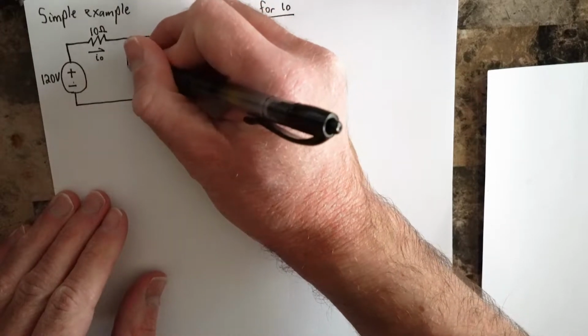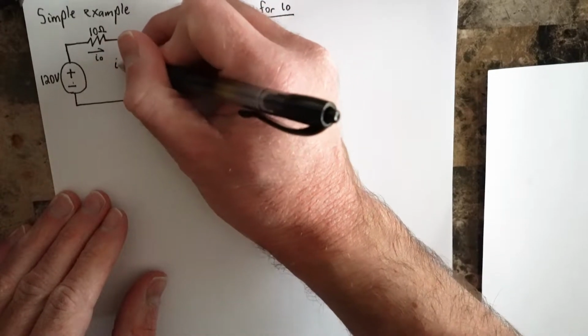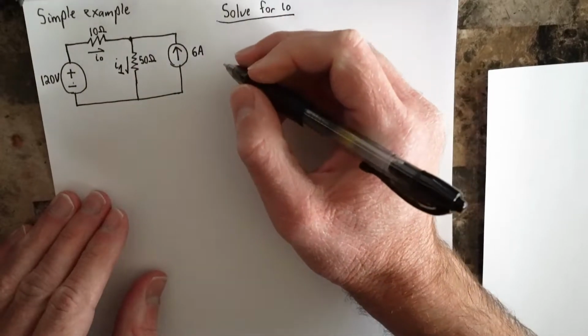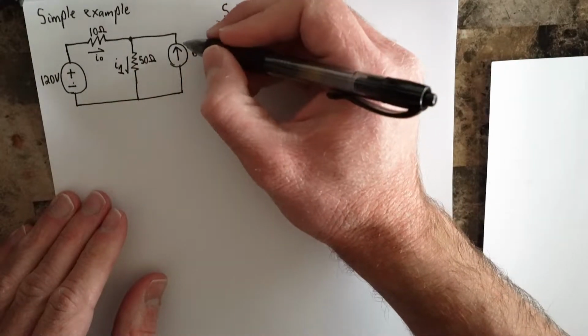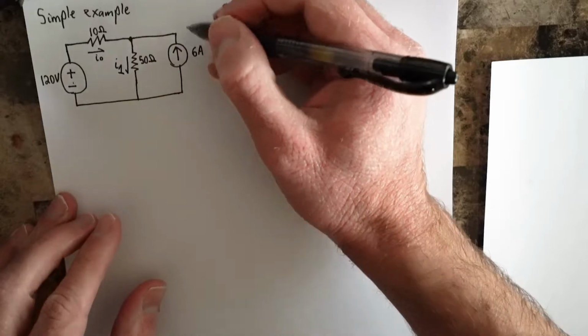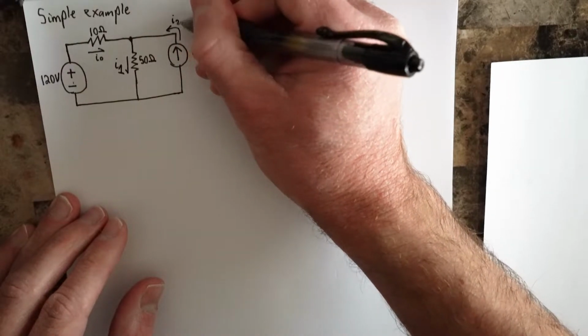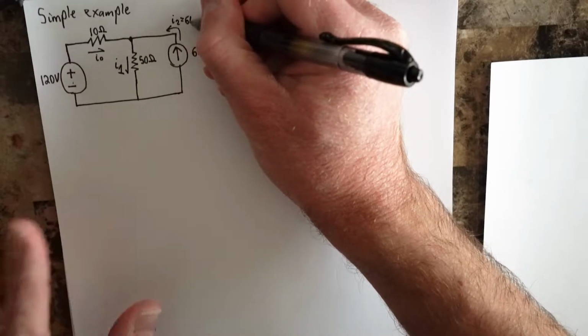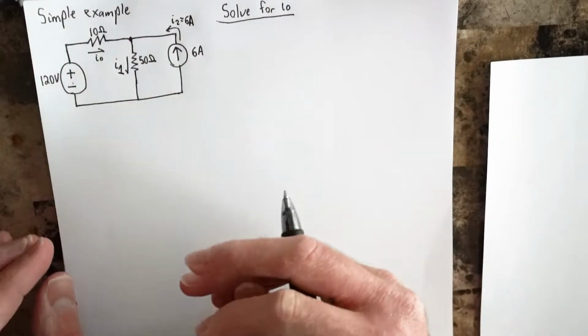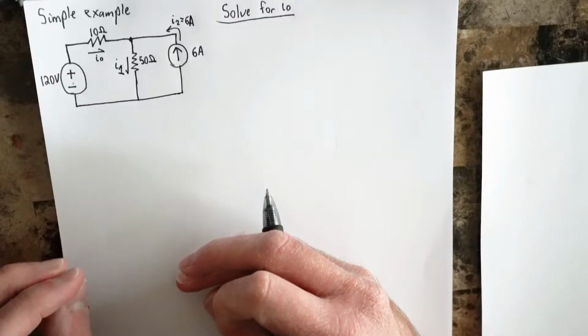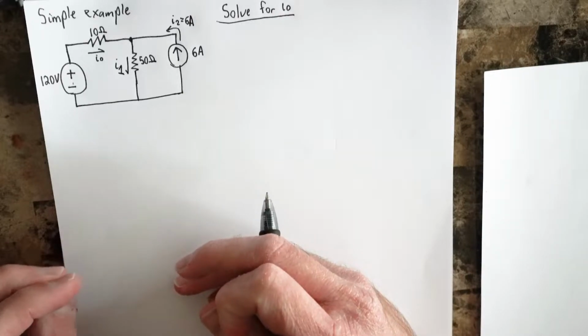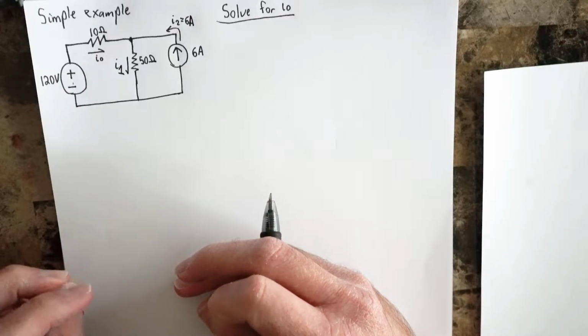So we'll go ahead and create an I1 moving down here. And check this out, we've got a nice current source here, so if we wanted to, we could call this I2, but this is already automatically equal to 6 amps. So that should make our job a little bit easier.